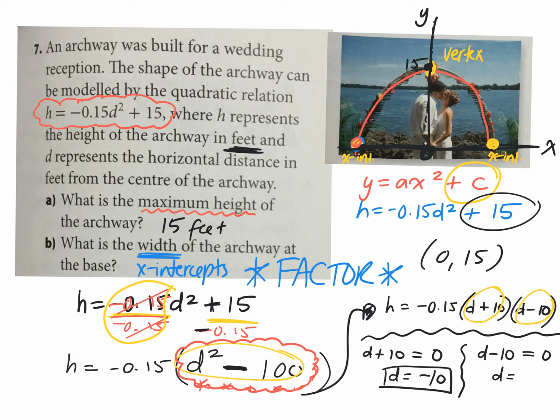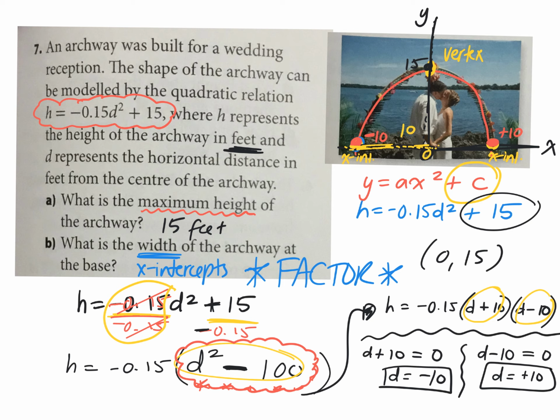So look here. Does that make sense? This intercepts at negative 10. And then the second x-intercept is positive 10. Does this make sense? It intercepts at positive 10. That means the archway has a distance from 0 to negative 10. What's that width? How many units is that? 10 units.